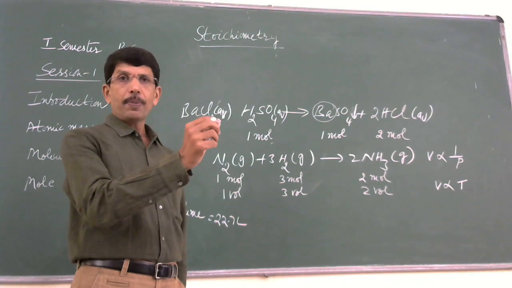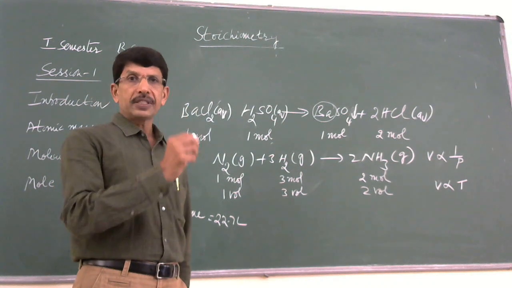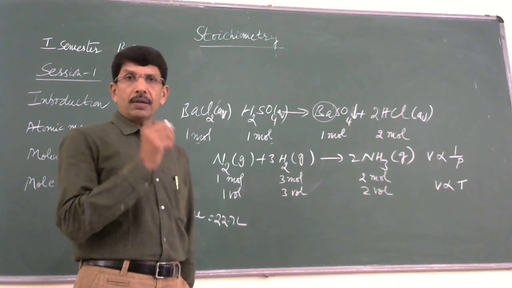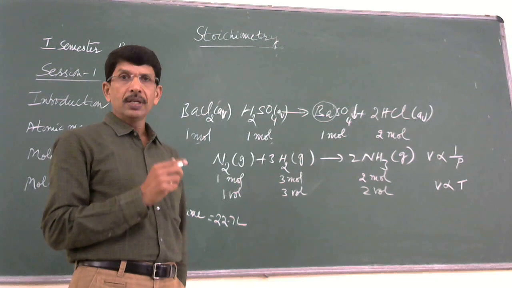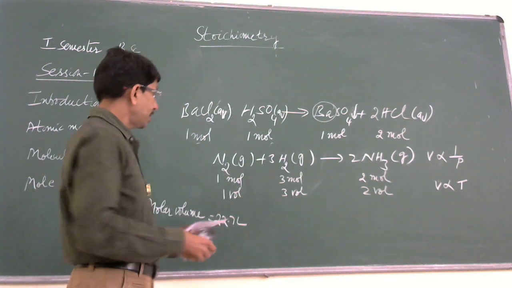So, at 100 kilopascals pressure and 273 Kelvin, 1 mole of any gas or vapor occupies 22.7 liters volume.